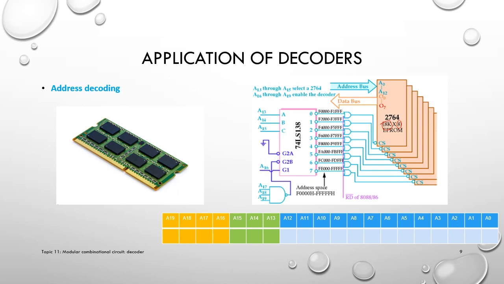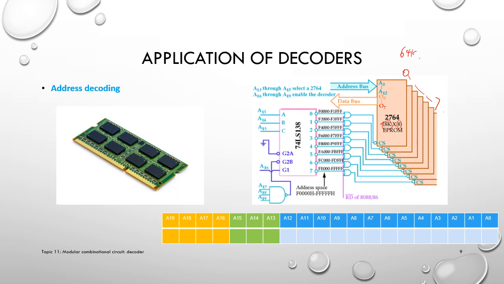That's what the 8K by 8 means. We have 8 chips here, named 0 through 7. So in total we have 64K different locations.